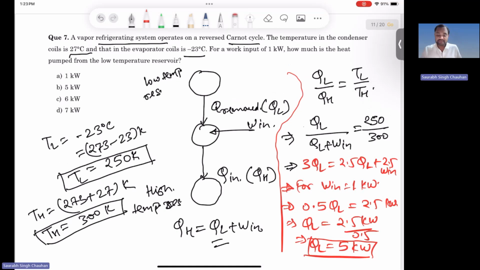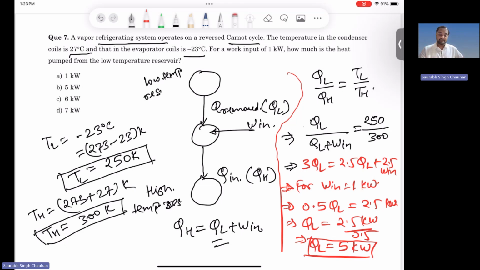So in a reversed Carnot cycle working in the temperature limits of 27 degrees and minus 23 degrees Celsius, for a work input of 1 kilowatt, you will be able to remove 5 kilowatt of heat from the low temperature reservoir. And what will be the COP of this refrigeration system? COP will be QL divided by Wn. COP will be 5, right?